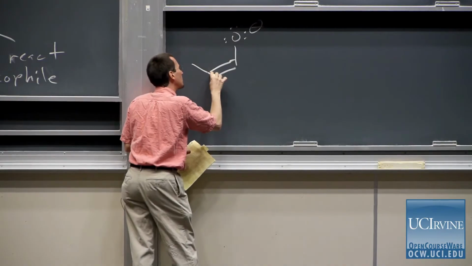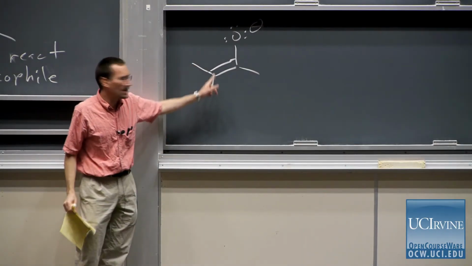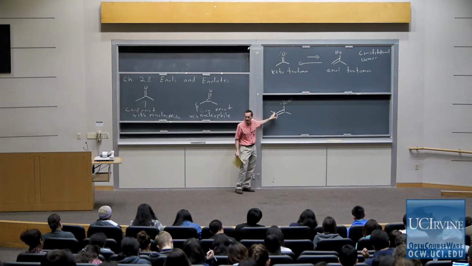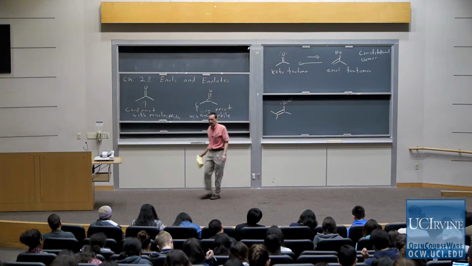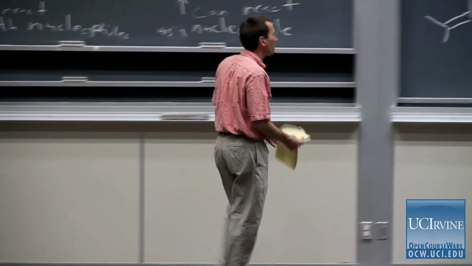And I'll be sort of semi-generic here. In other words, we could be acetone, we could be something else, but I want to show you that there are 2 substituents attached to the carbon of the double bond there, to what we call the alpha carbon.